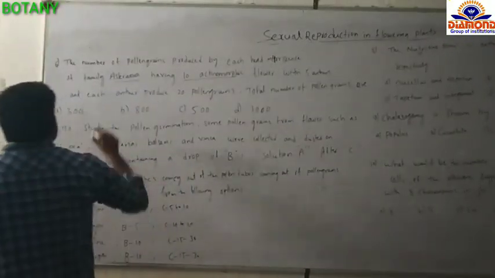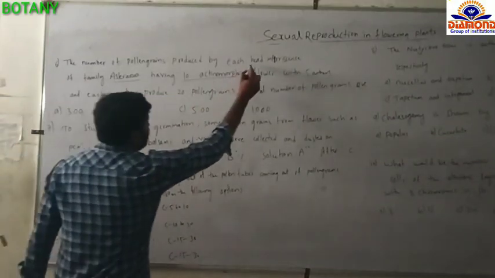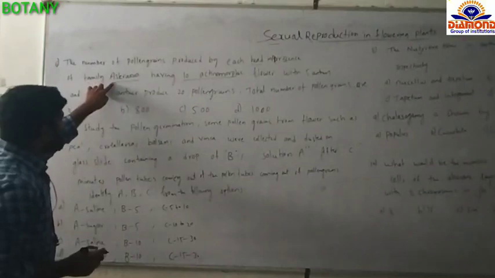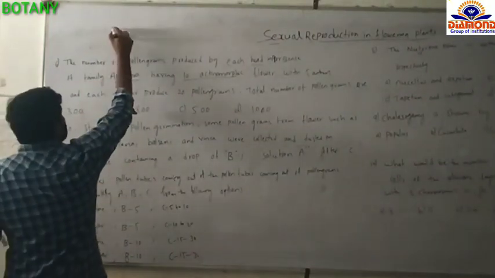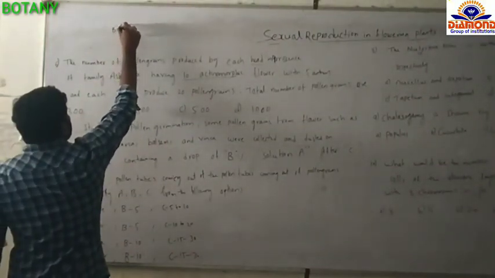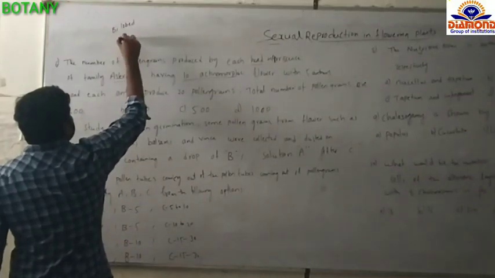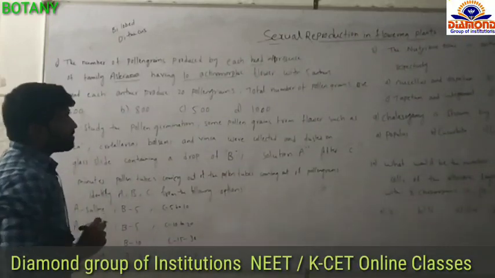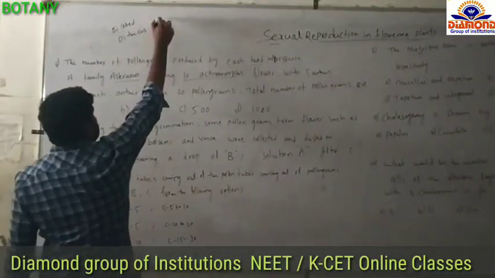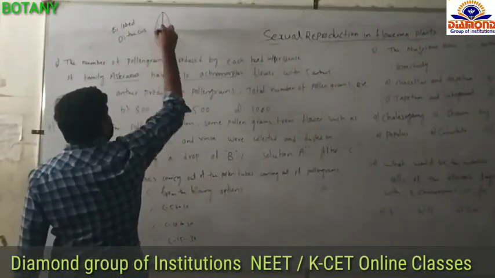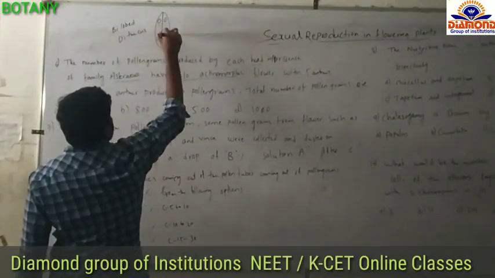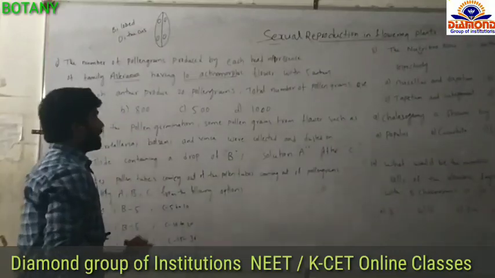Asteraceae shows head inflorescence, and Asteraceae flower anthers are bilobed and dithecous. Bilobed means two lobes are present in the anther. Dithecous means each lobe has two thecae. This is a bilobed and dithecous anther.